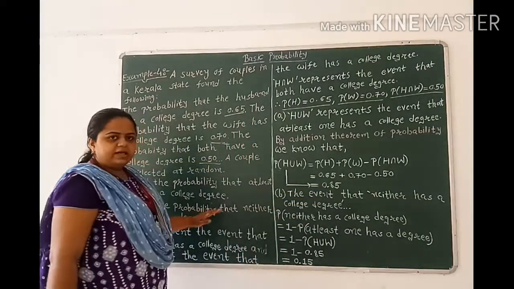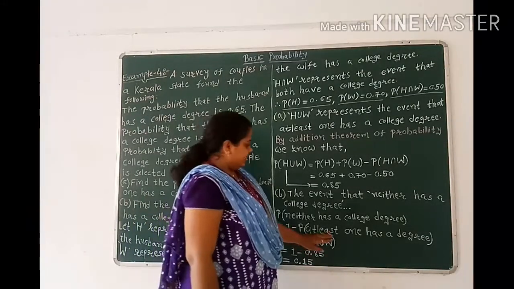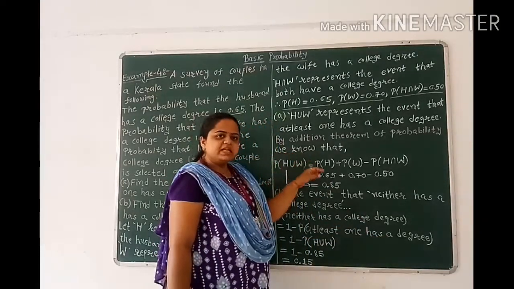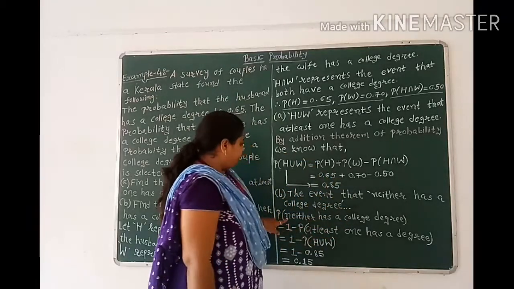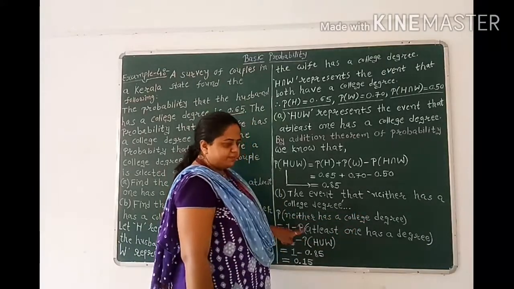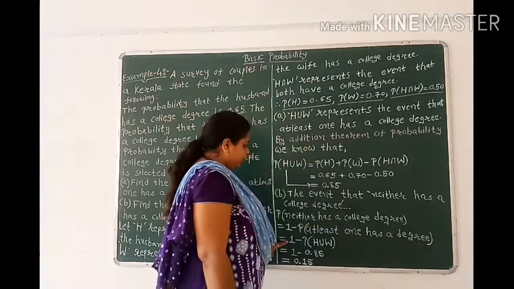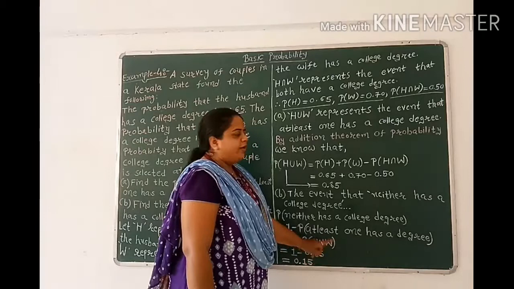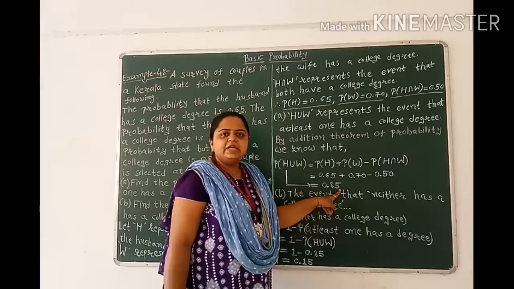Now, find the probability that neither has a college degree. We know that at least one has a college degree means the wife has a college degree or the husband has a college degree or both have a college degree. So probability of neither has a college degree equals 1 minus probability of at least one has a college degree, which is 1 minus probability of H union W. And we already found probability of H union W equals 0.85.